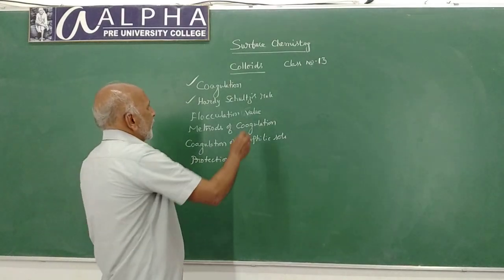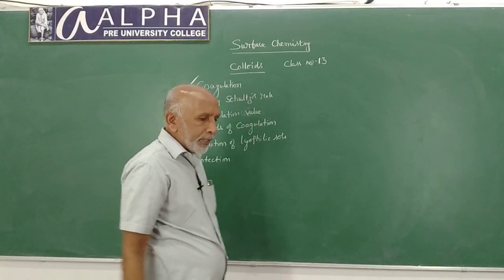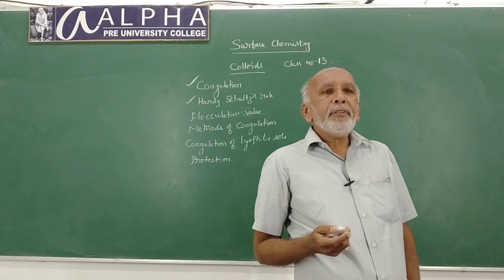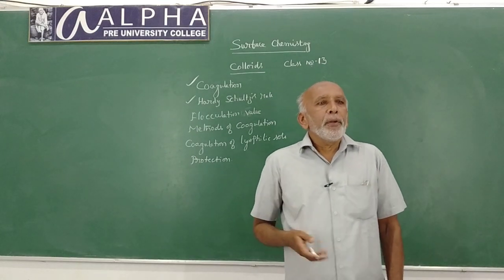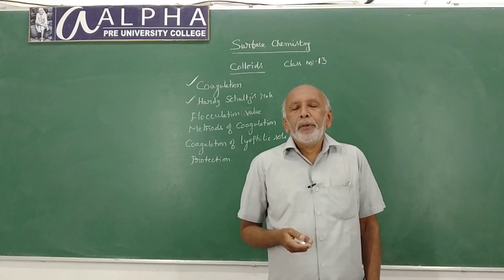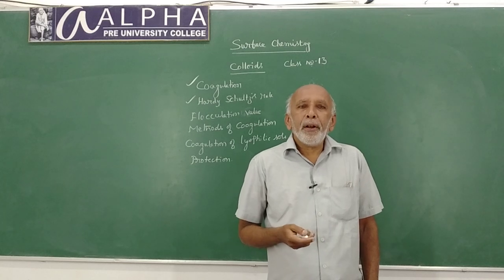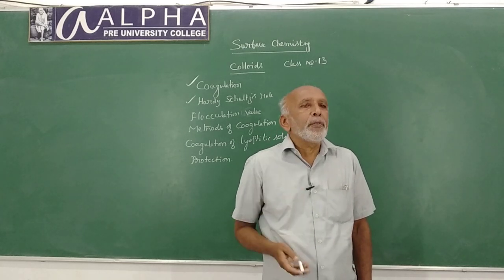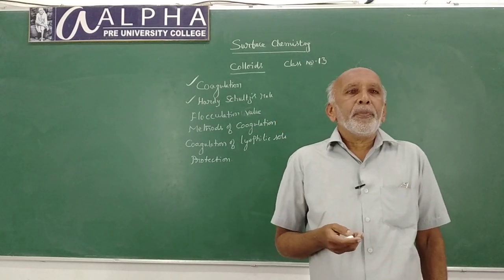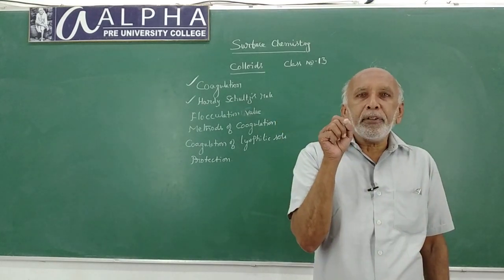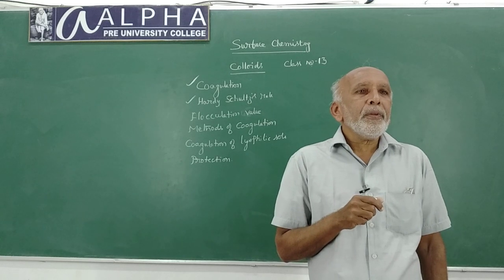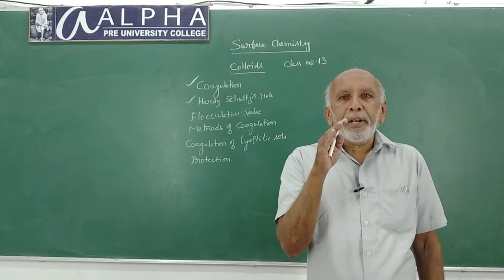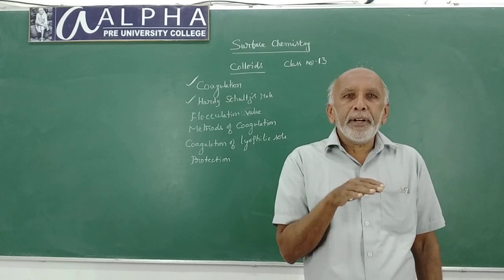You know coagulation. What is coagulation? It is the method of precipitation of colloidal systems by the addition of electrolyte. When you add an electrolyte into the given sol, the particles start to settle down.